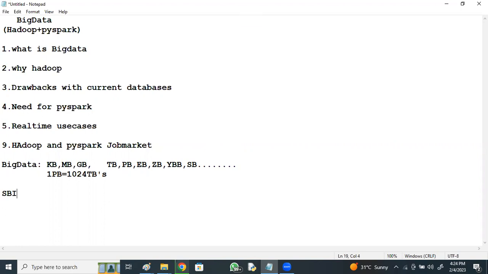In each branch, millions of customers make multiple transactions per hour, per day, per week, per month, in a year. Each and every transaction has to be stored.